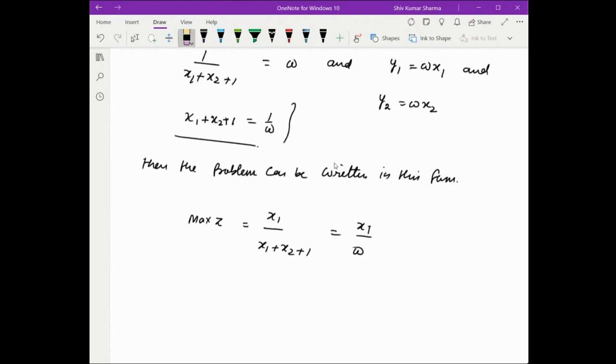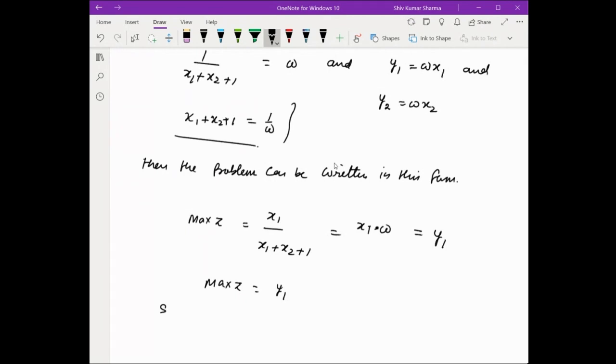Sorry, this is not in the denominator, this is multiplication into omega. We replace x1 into omega and write it as y1. So maximum of z equal to y1. This is our new objective function.